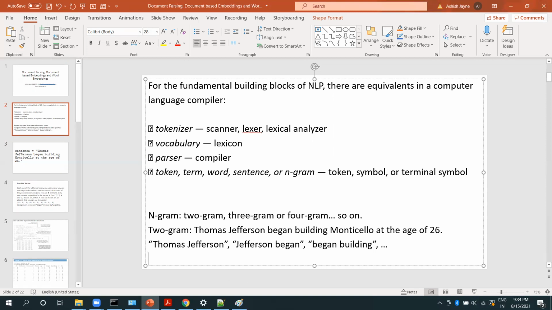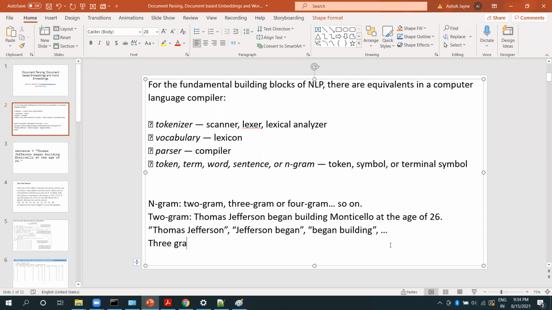And when we talk of 3-gram, it will be Thomas Jefferson began, Jefferson began building, and so on.